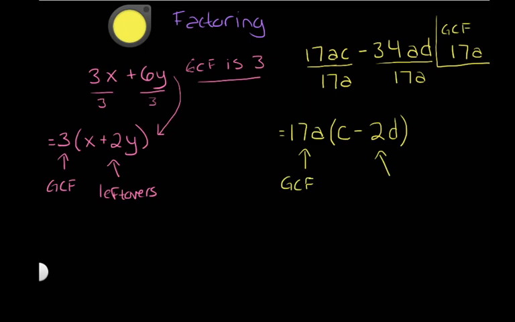C minus 2D is the leftovers. So really that's all that factoring means, is to take out whatever is the greatest common factor between those terms, and in the brackets we put the leftovers. Okay, let's do another example before I show you something a little bit different.